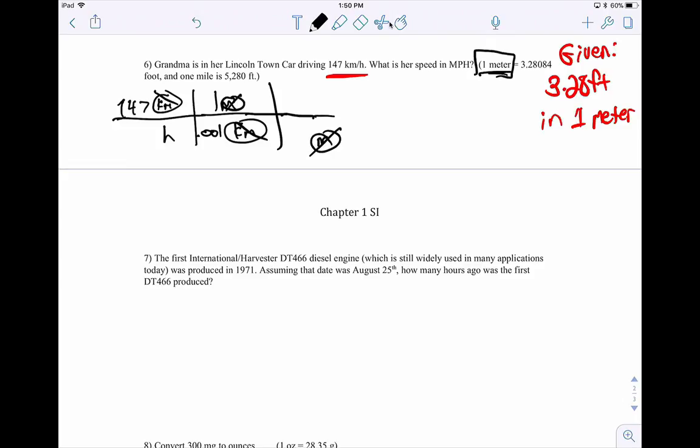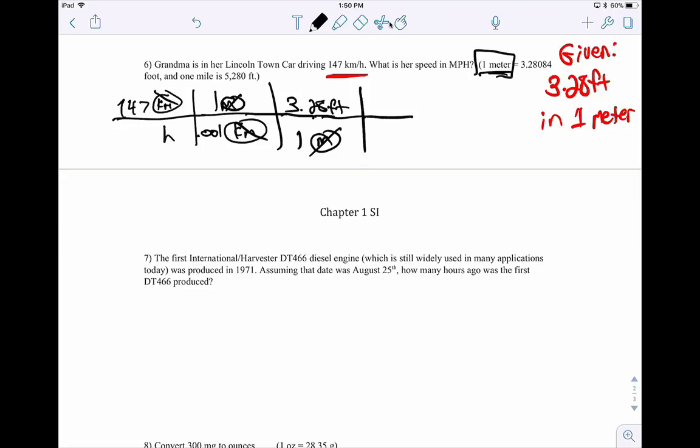Lucky you, you're given that 1 meter is 3.28 feet. So we can just write down what we're given: 1 meter is equal to 3.28 feet. Perfect. Again, we use the values they give us as stepping stones.